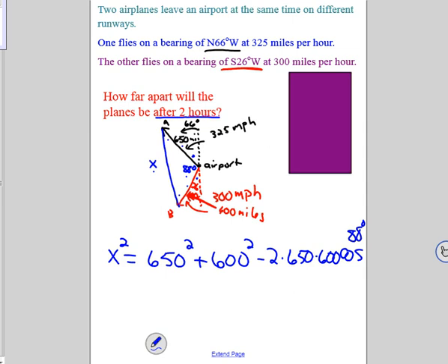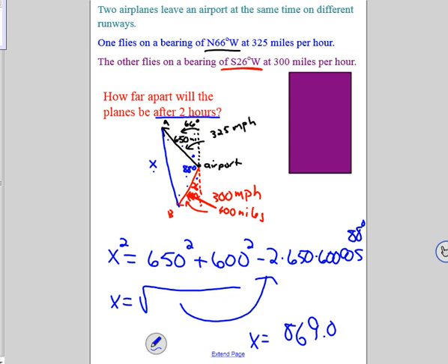This is one you can just calculate straight out. Hopefully you should pause and try to calculate. So I'm going to get x is the square root of whatever I got there. And your final answer should be 869.07 miles.